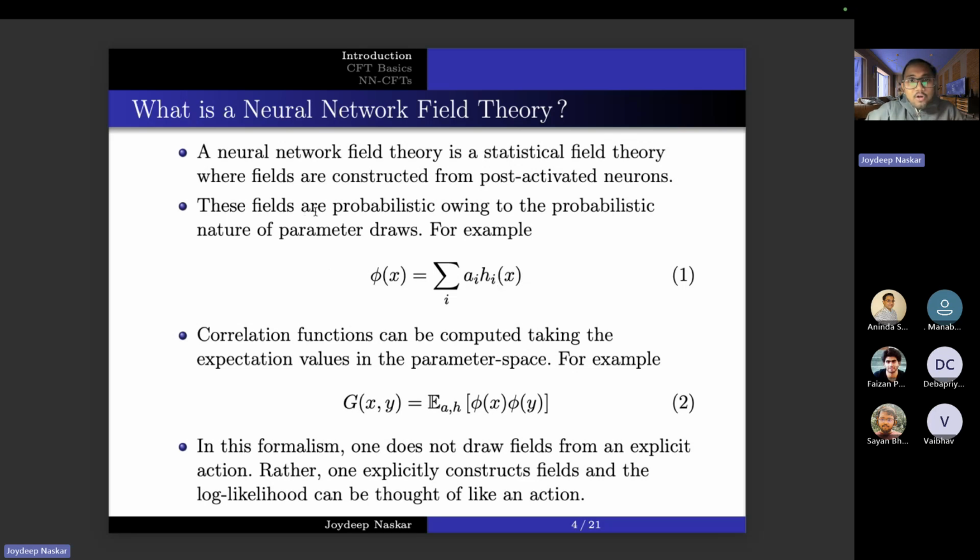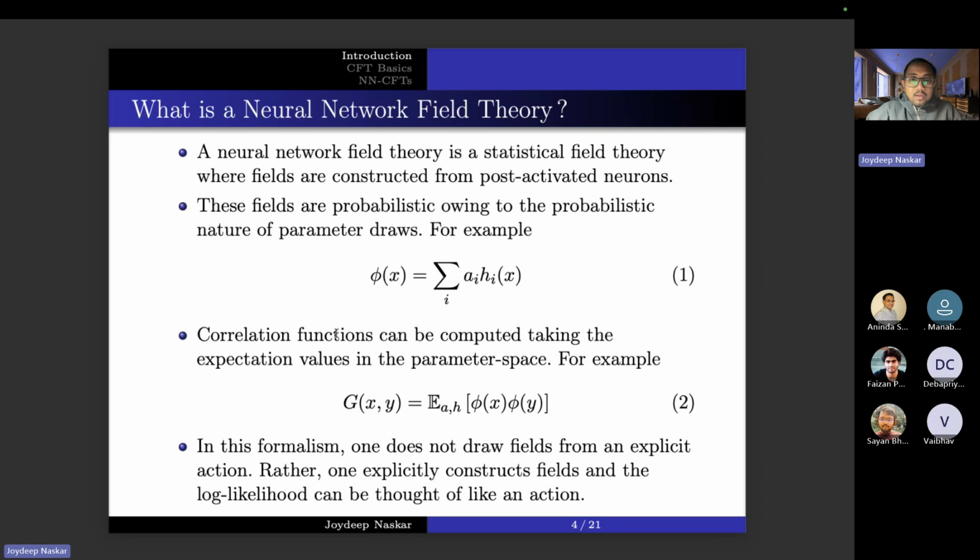Now, because the weights that you draw in A and also in H are random, it is probabilistic. If you write phi of x equal to something and you draw them from the distribution, every time you're going to get a different number for phi of x. So the probabilistic nature of the fields is coming from the probabilistic nature of the parameter draws. So whenever we have to talk about something, we are going to talk in expectation values.